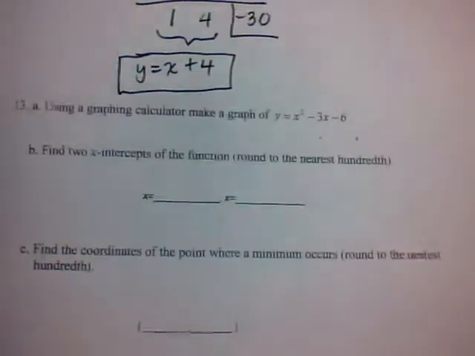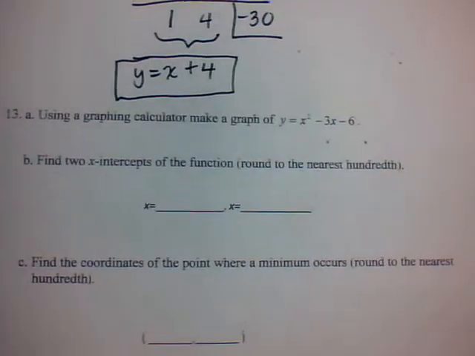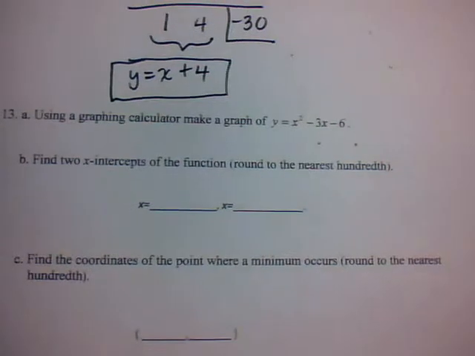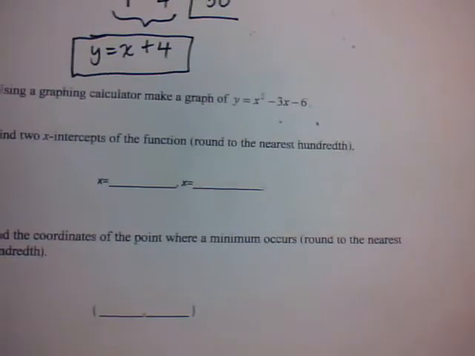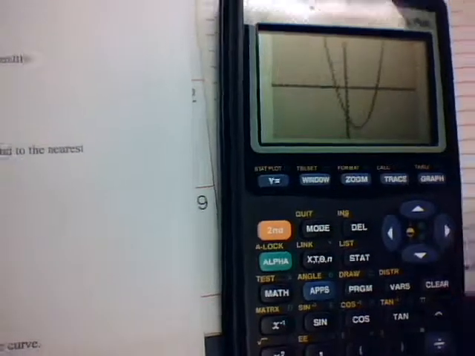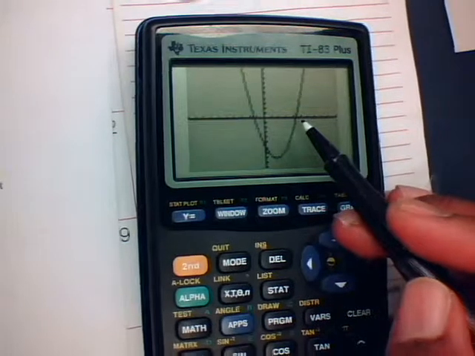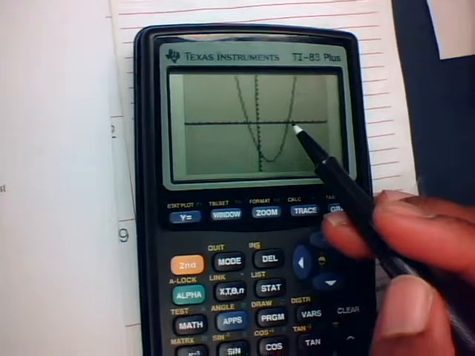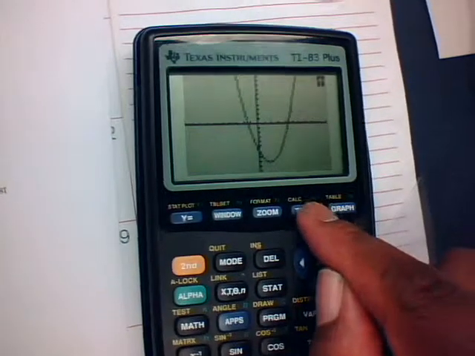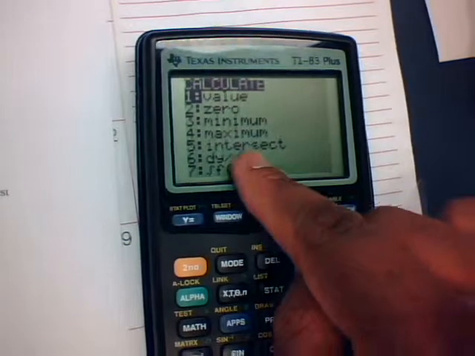That's part A. Now part B is to find the two x-intercepts of the function, and we're going to round to the nearest hundredth, or to 2 decimal places. In this particular case, we want to find our two x-intercepts. That's this one on the left and the one on the right. So actually, we're finding the zeros of this function, so we want to press second and trace to get the calculate menu.